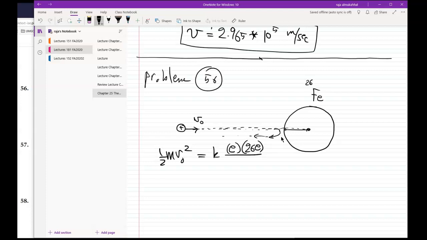Well, it's just the radius of the iron nucleus, which is given to us. It says 9 femtometers, so that's 9 times 10 to the negative 15. And that's it. We just calculate that, and you calculate the velocity from that. Got it?